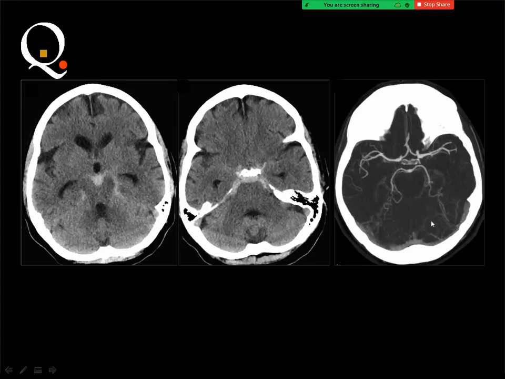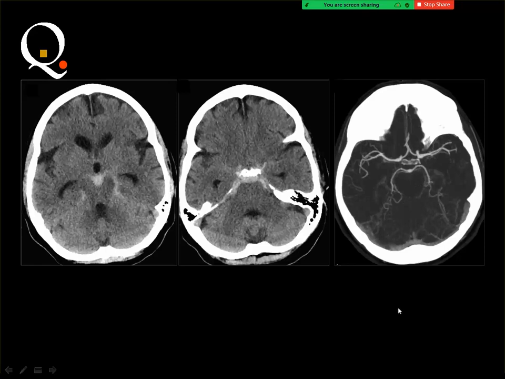The angiography is provided so that you can identify the cause of bleeding, which is most likely an aneurysm. But if you look carefully, especially in the posterior circulation, you cannot see any aneurysmal dilatation.